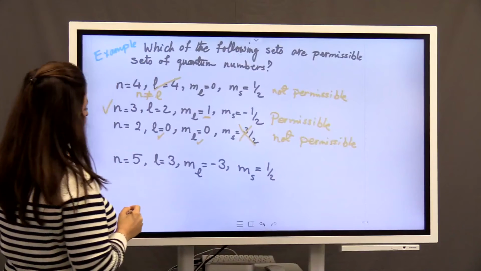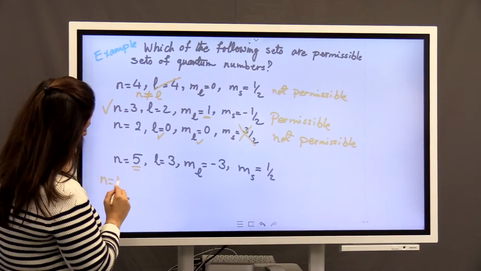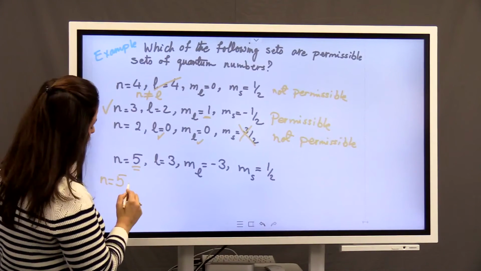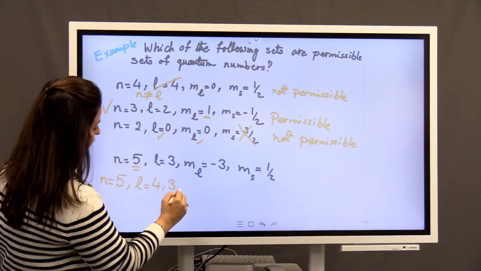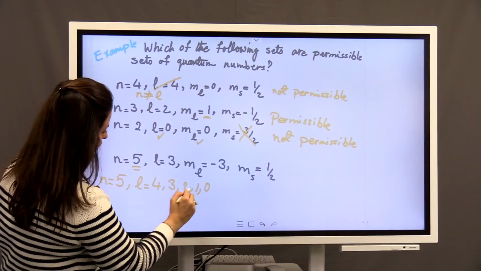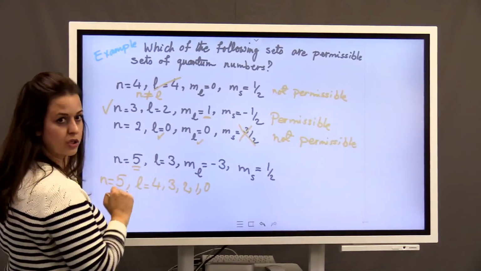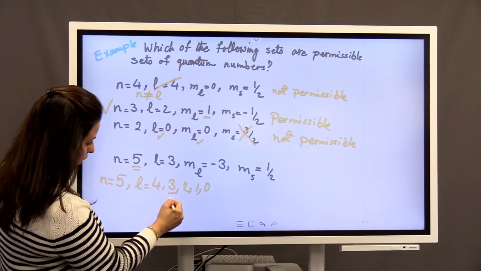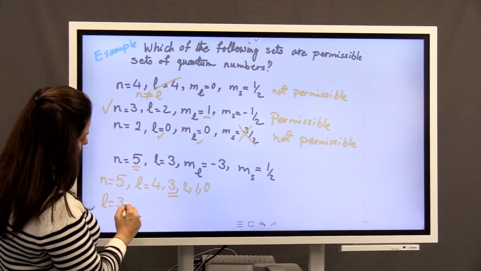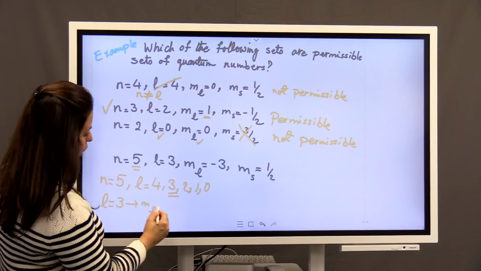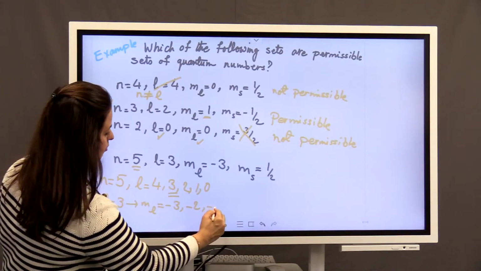And finally, the last one, when N is 5, possibilities for L are 4, 3, 2, 1, and 0. N minus 1, N minus 2, N minus 3 until you reach 0. So this L is one of them, correct. When L is 3, possibilities for ML are minus L, minus L plus 1, minus L plus 2.